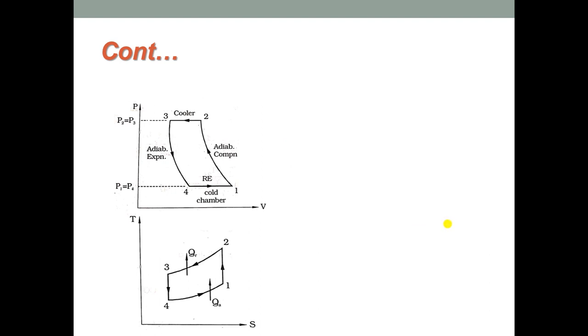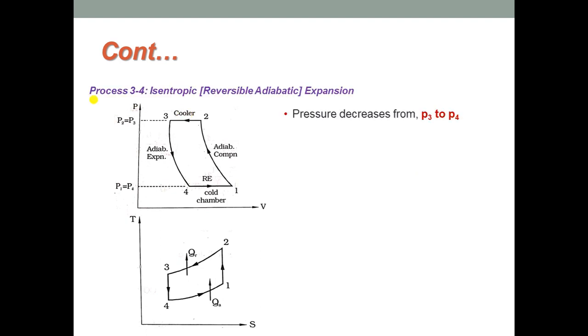Moving on to the next process, that is, process number 3 to 4, isentropic expansion, which is a reversible adiabatic process. The air at high pressure and moderate temperature, see the temperature has been reduced here, is taken into the expansion cylinder, that is, the turbine, where it expands isentropically to low pressure P4, and temperature also decreases from T3 to T4, and is sufficiently below the temperature of the cold chamber.